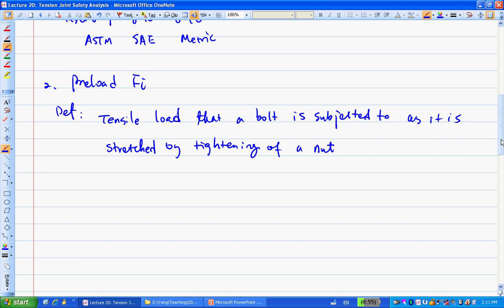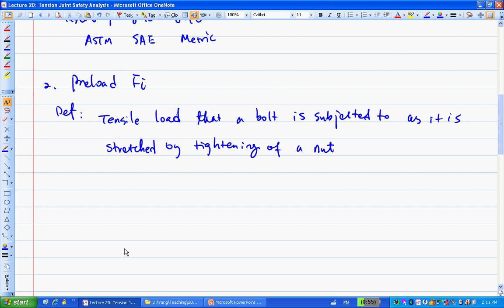So you need to elongate the bolt a little bit in order to apply this preload. How tight you crank the nut determines how much preload you applied at this joint. So that's the preload Fi here. Preload is a very important concept.